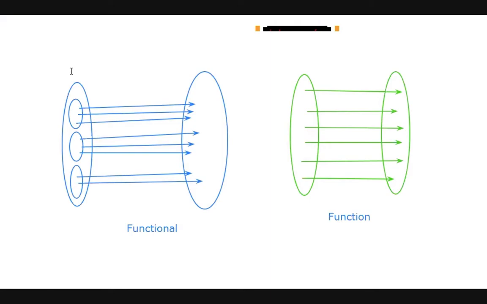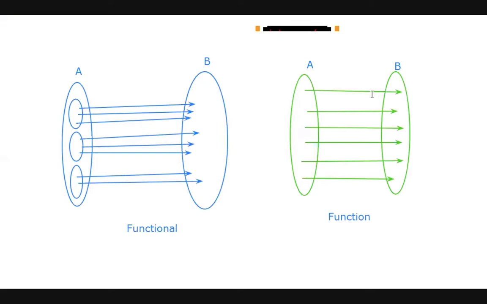This is A, this is B, and this is A, and this is B. This is a function, this is a functional. So first A is important, a set of sets. I will make this more clear.